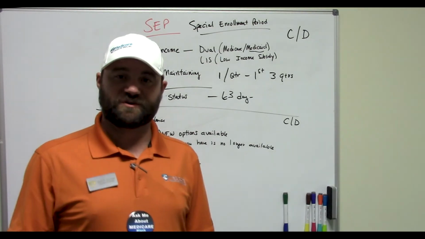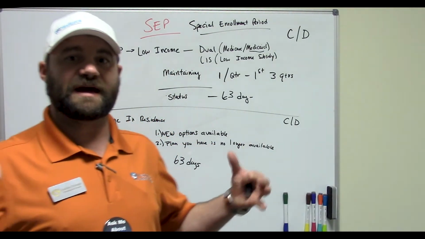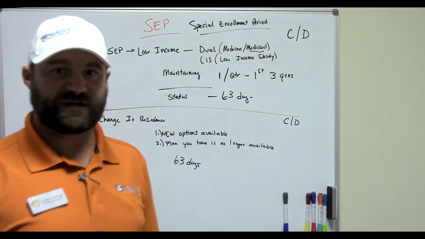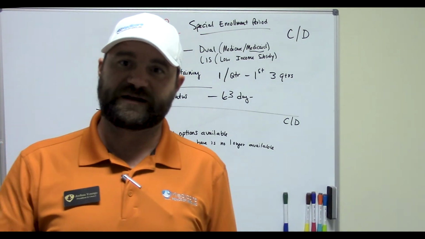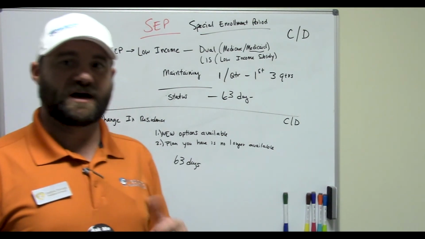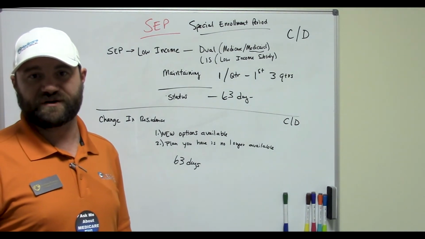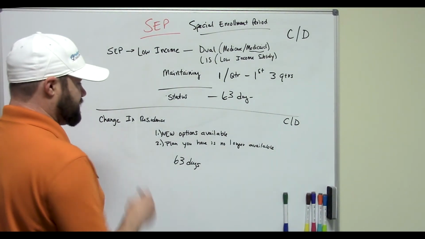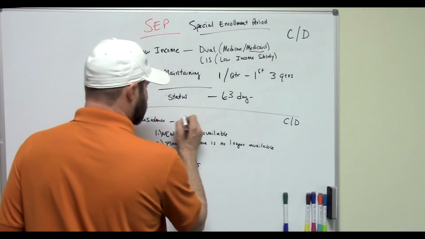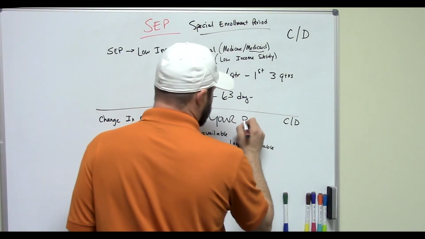There are times where you call into an insurance carrier and their captive internal sales team on the phone will change your plan, and that can get rid of your broker in the process. And then it's much more difficult to help you as a client if you don't have someone that's your official broker of record. And so if you're going to make this change in residence, always, always, always call your broker.